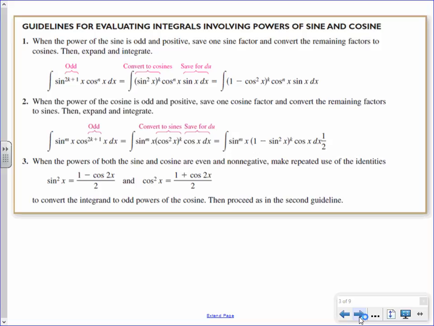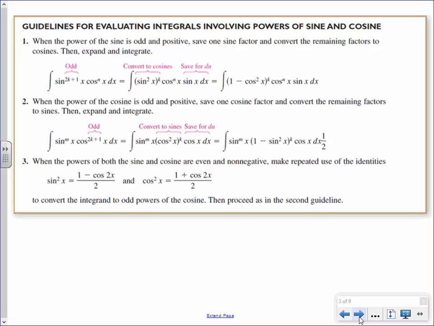So if sine is odd, we're going to save 1 for u substitution and convert the rest to 1 minus cosine squared. Other way around, if cosine is odd, we're going to save 1 for u substitution and convert the rest to sine.